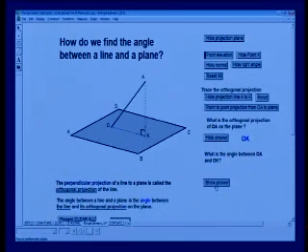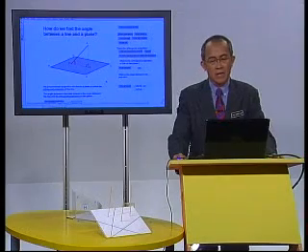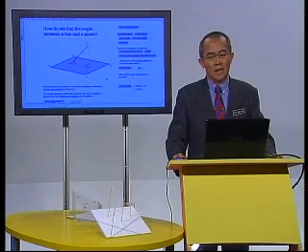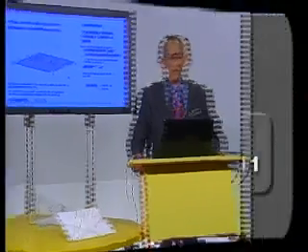So let me indicate the answer on the figure as well as show you the answer. The answer can be either angle AOK, or angle KOA. So this knowledge is very useful when you are going to solve problems in the examination as well as in your everyday life.